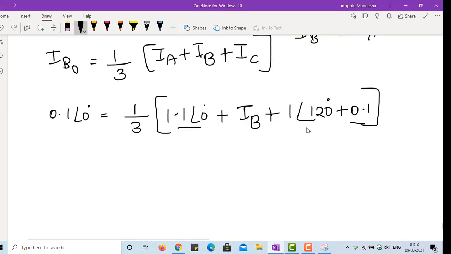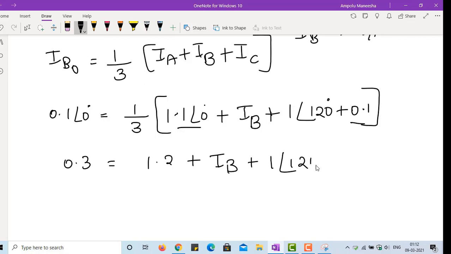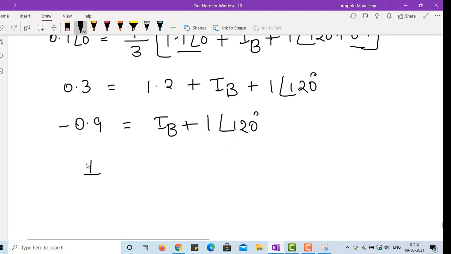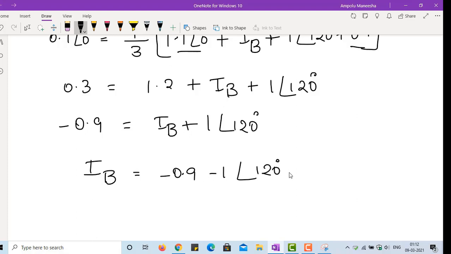If we simplify this expression, 0.3 is equal to 1.2 plus IB plus 1 at an angle 120 degrees. So, minus 0.9 is equal to IB plus 1 at an angle 120 degrees. So, IB is minus 0.9 minus 1 at an angle 120 degrees.